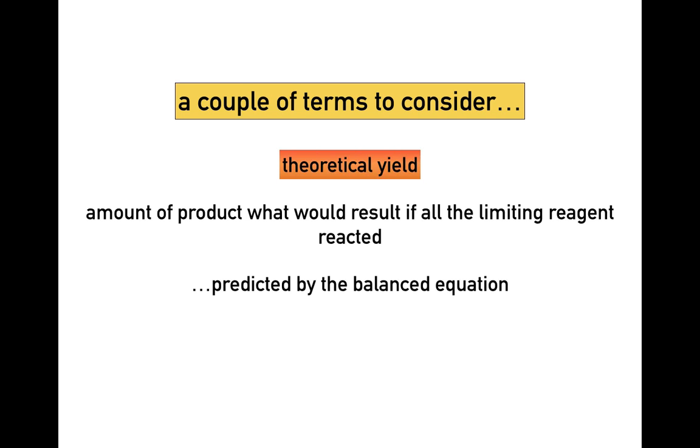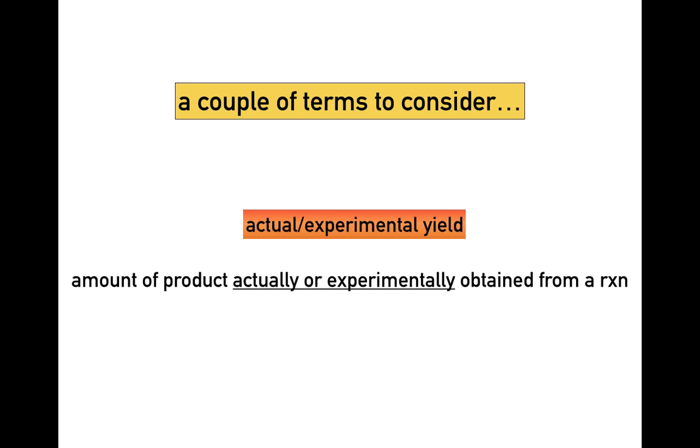This would be a perfect scenario where every single atom on your reaction side actually combined to make some new product. This is the ideal perfect reaction, and this is predicted by your balanced equation. I'll show you how that works as we work one of these problems out.